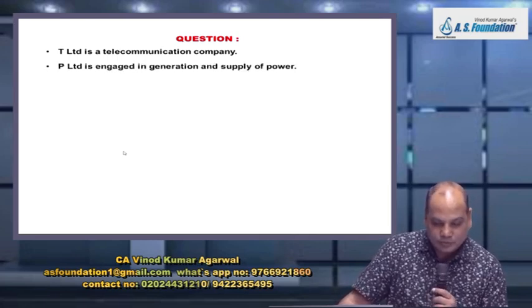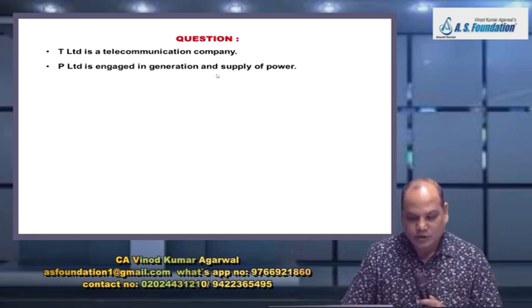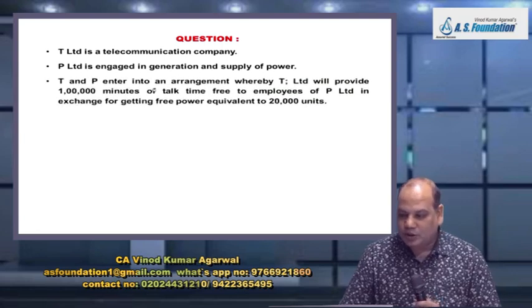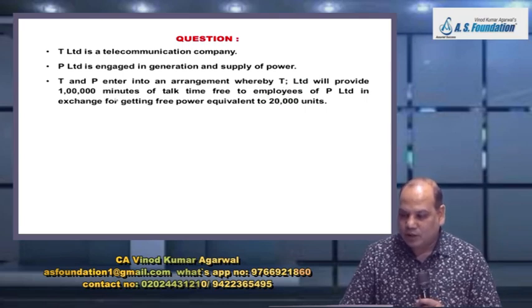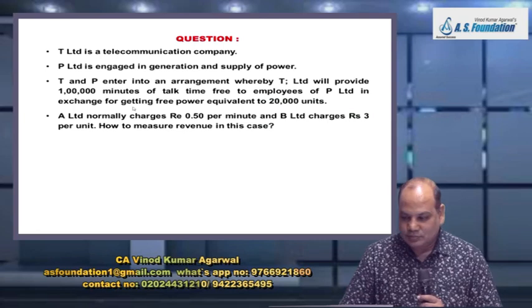Another question, 15. T Limited is a telecommunication company. P Limited is engaged in generation and supply of power. T and P enter into an arrangement whereby T will provide 1 lakh minutes of talk time free to employees of P in exchange for getting free power equivalent to 20,000 units.